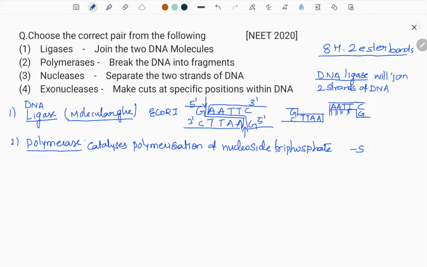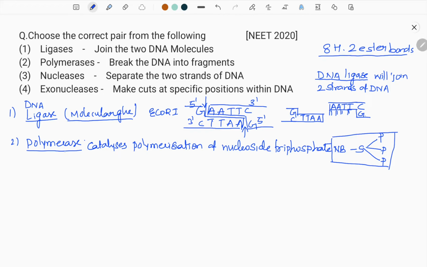Sugar is attached to the nitrogen base, may it be adenine, guanine, cytosine, thymine, or uracil. So this is a nucleoside attached to 3 phosphates, 1, 2 and 3. So this is called nucleoside triphosphate. So polymerase will cause polymerization of nucleoside triphosphate.